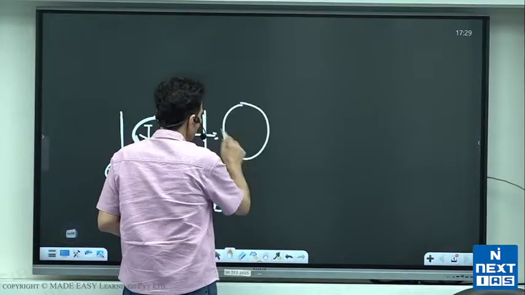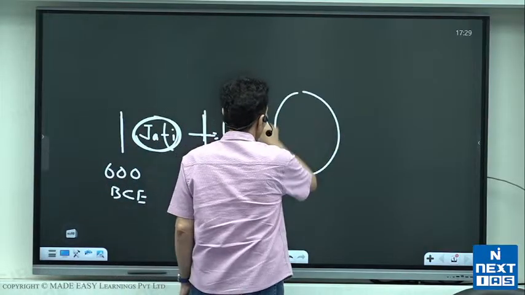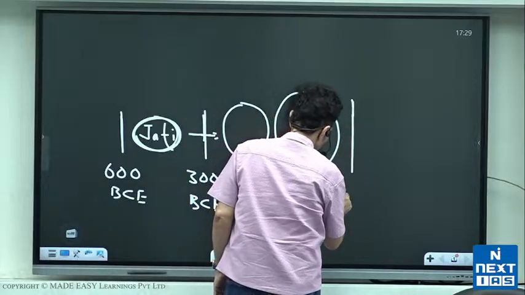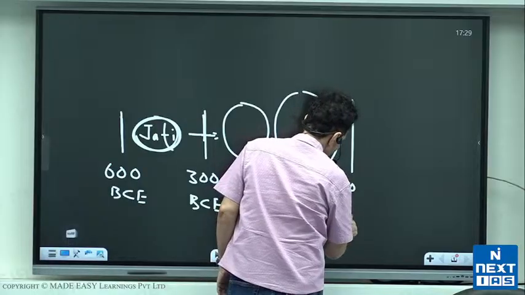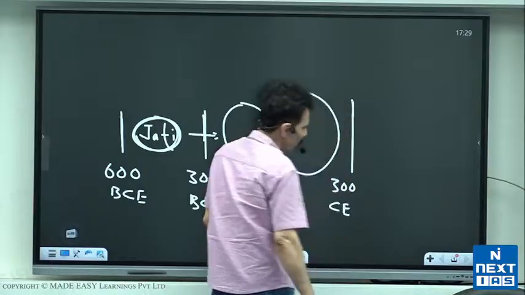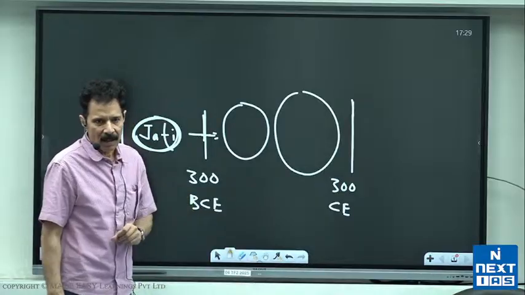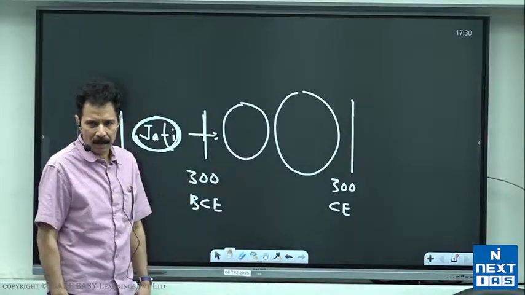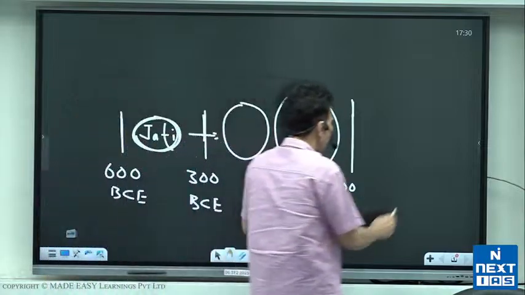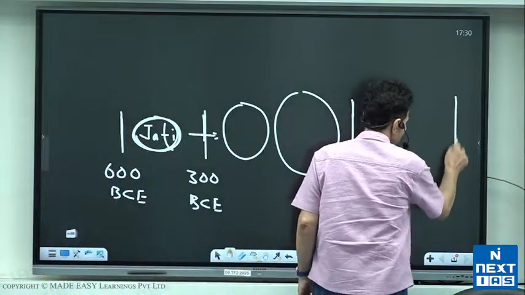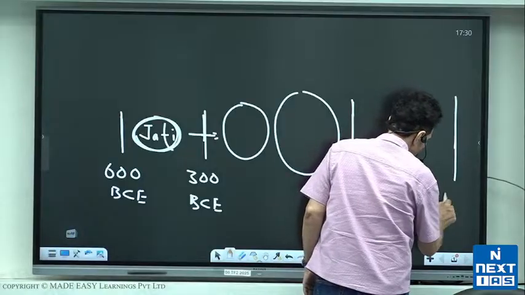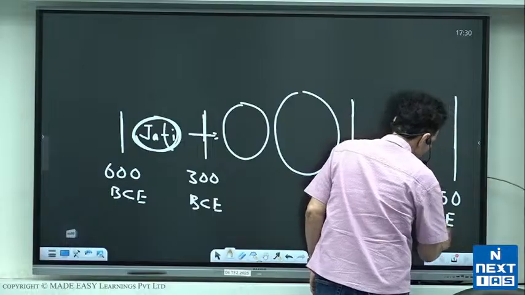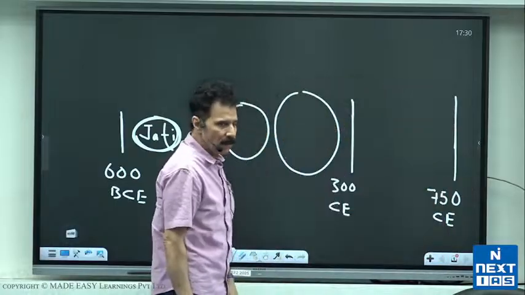More references of jati, more references, and finally, when we reach 300 CE, that is the beginning of the age of the Guptas, then we have very clear-cut references of a huge number of jatis. So Gupta and post-Gupta age, that is 300 CE to 750 CE, this is the end of the ancient period.